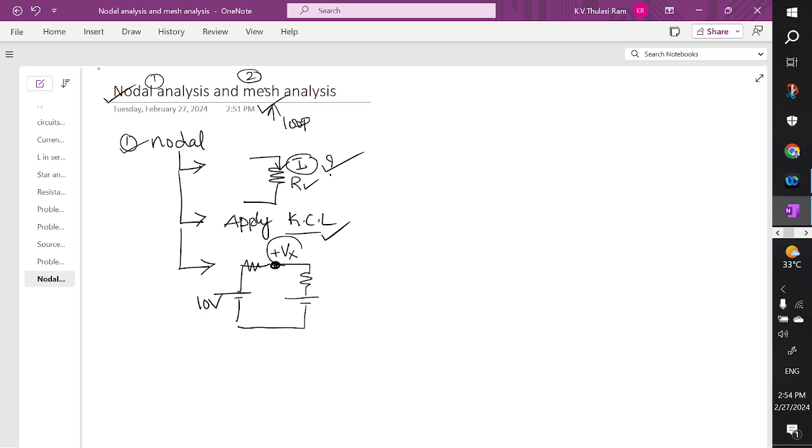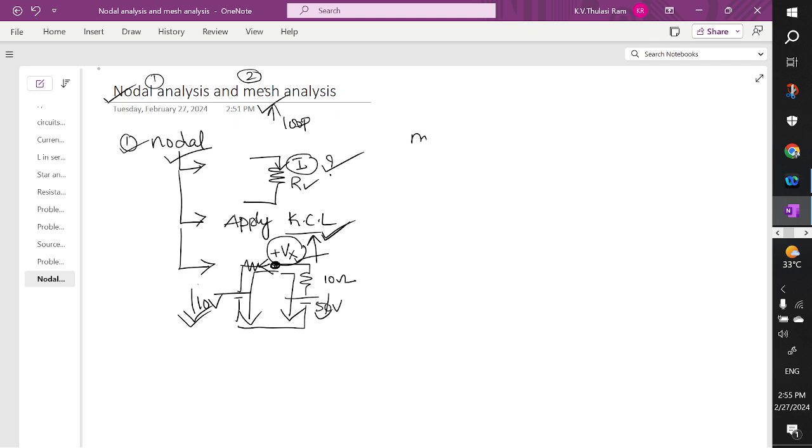You have to assume that this node is of a higher potential compared to any other node in the network. For example, this may be 50 ohms or this may be 10 ohms. Our assumption is that this node is of a higher potential and these nodes are of a lower potential. Then current flows from high potential to low potential. We have to write down the KVL expression and express them.